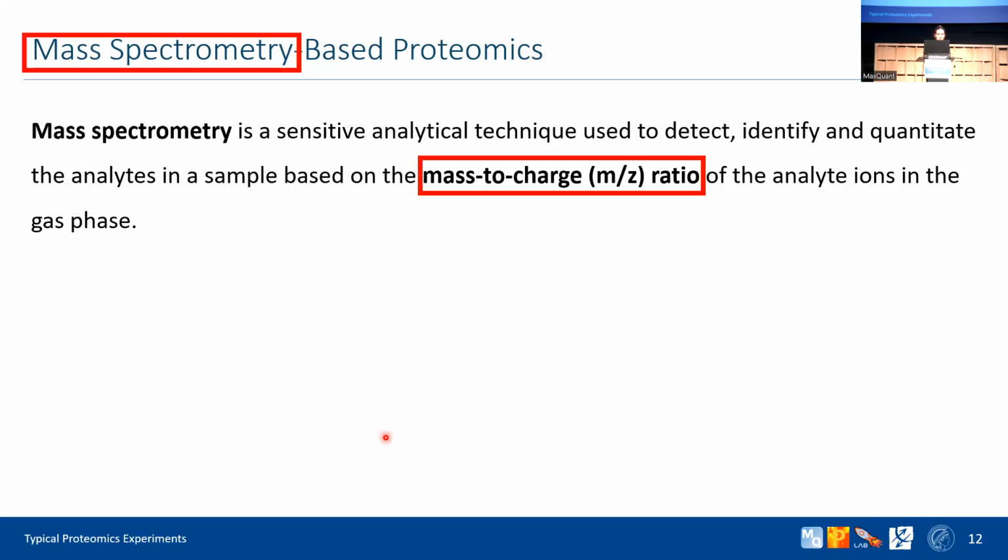And the other two things you should remember is that to do a mass spectrometry experiment, you have to have your analytes in gas form. And not only that, but they have to be charged. If they're not charged, then you will not be able to see anything in your mass spectrometer. So just remember these things. You measure mass to charge ratio, and your analytes have to be in gas form and also charged.